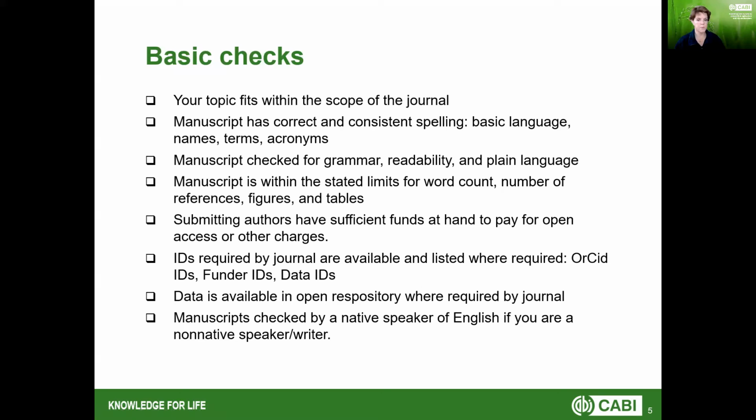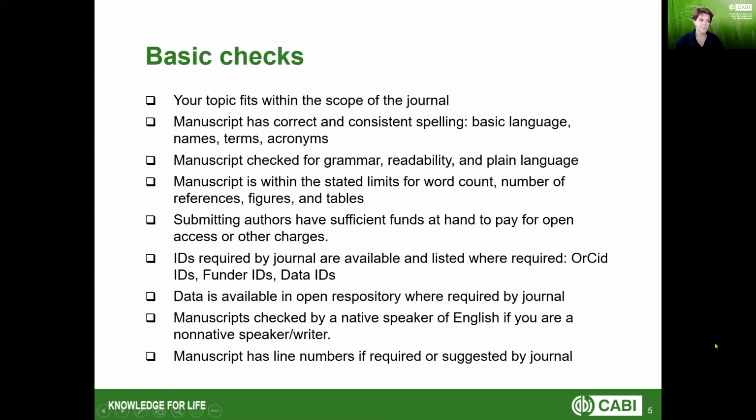If you are a non-native speaker of English, and you have a colleague that is a native speaker of English, it's always a good idea to have them read over it, just for some basic things that can be tricky, like use of articles and things of that sort. And if a journal requires that you put manuscript line numbers on your manuscript, make sure that your actual file has those line numbers on them when you're going to submit.